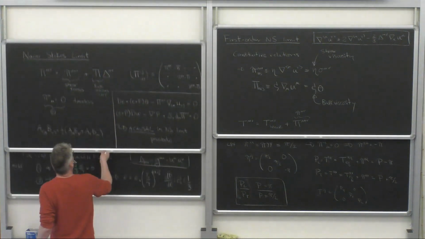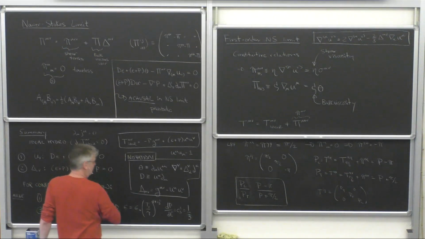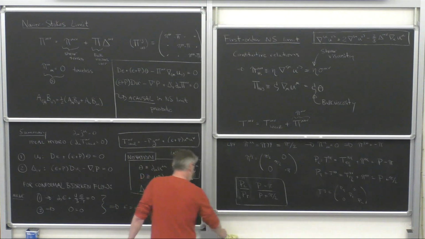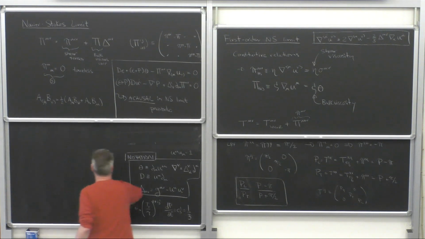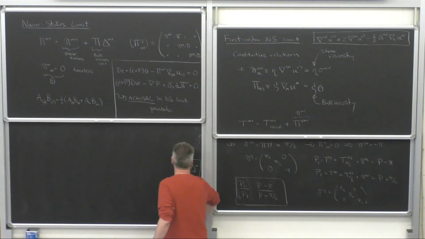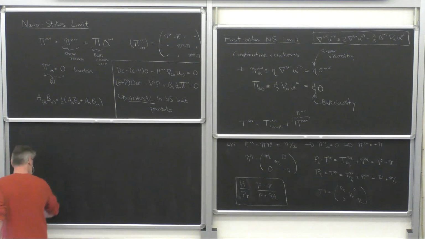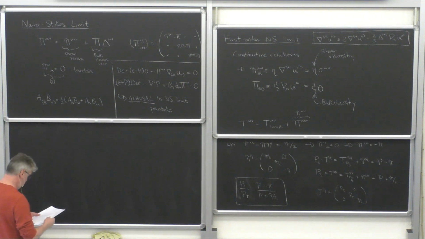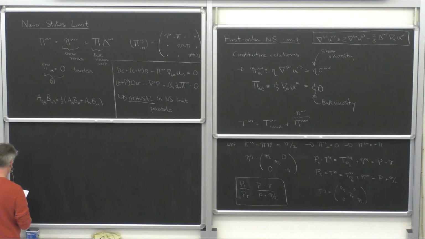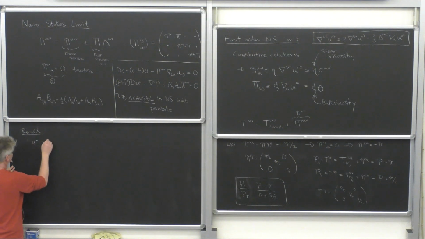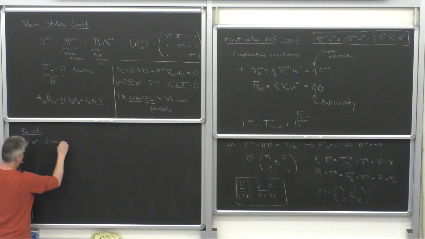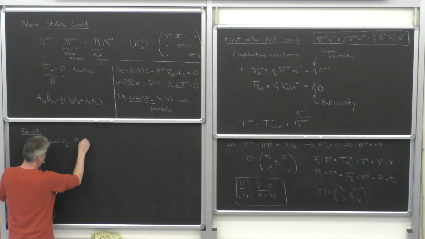So let's work out what it is in the Navier-Stokes limit explicitly. Good. So for Bjorken flow, the fluid velocity profile looks like this.